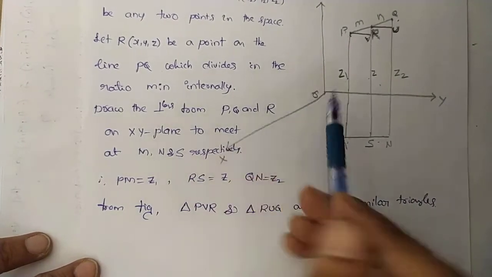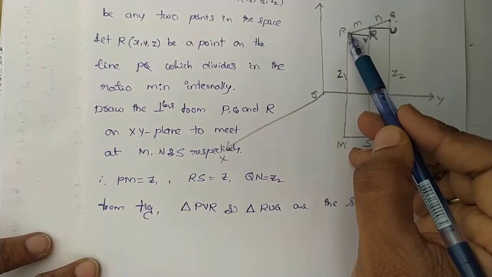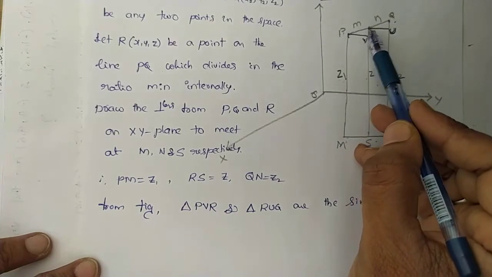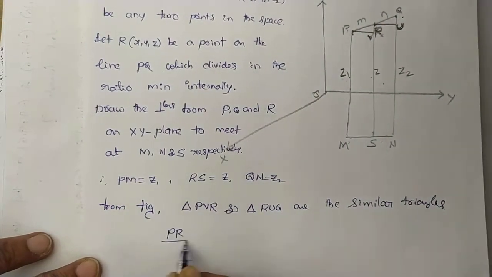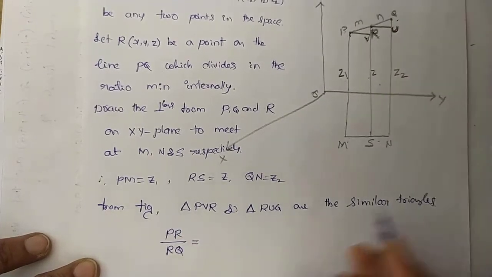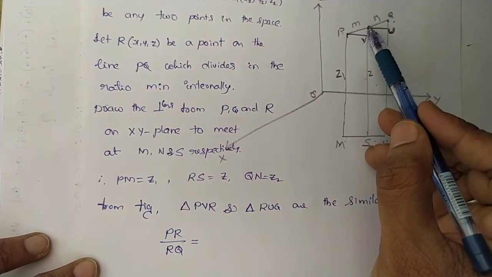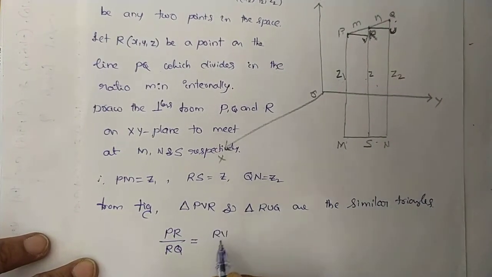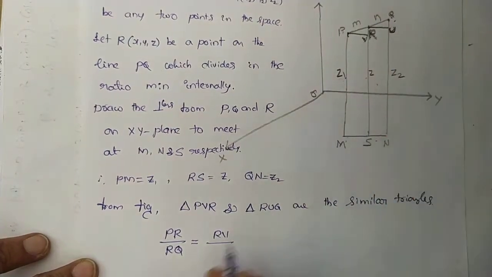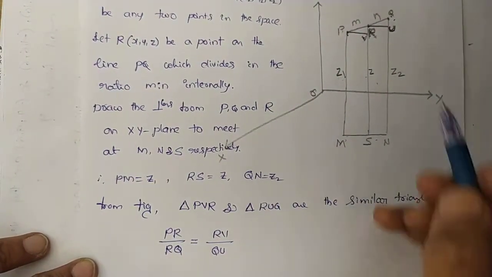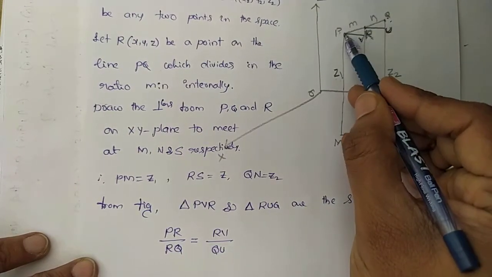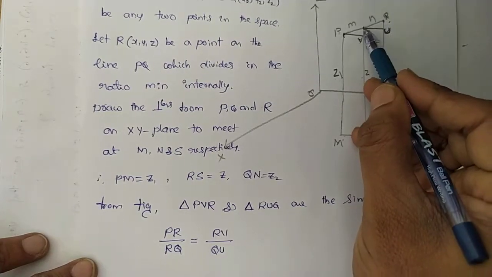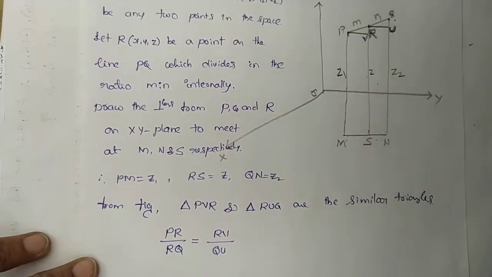Now see the hypotenuse: PR divided by RQ equals RV divided by QU. Once again, PR divided by RQ equals RV divided by QU.